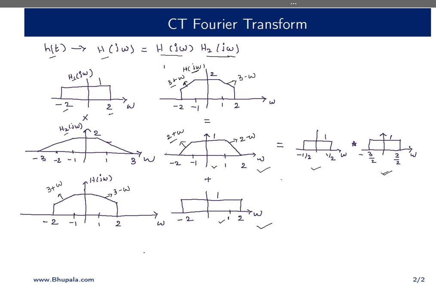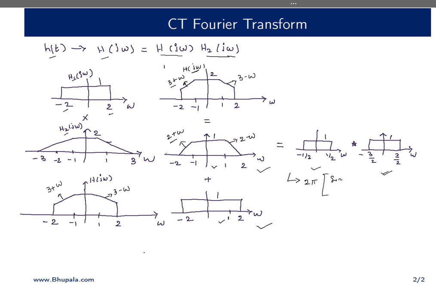So now if you go to the time domain, what will happen? Because there is no 2 pi term, a 2 pi scaling factor will come into the picture, and because it is convolution in the frequency domain, in the time domain it will be just multiplication of the corresponding inverse Fourier transforms.